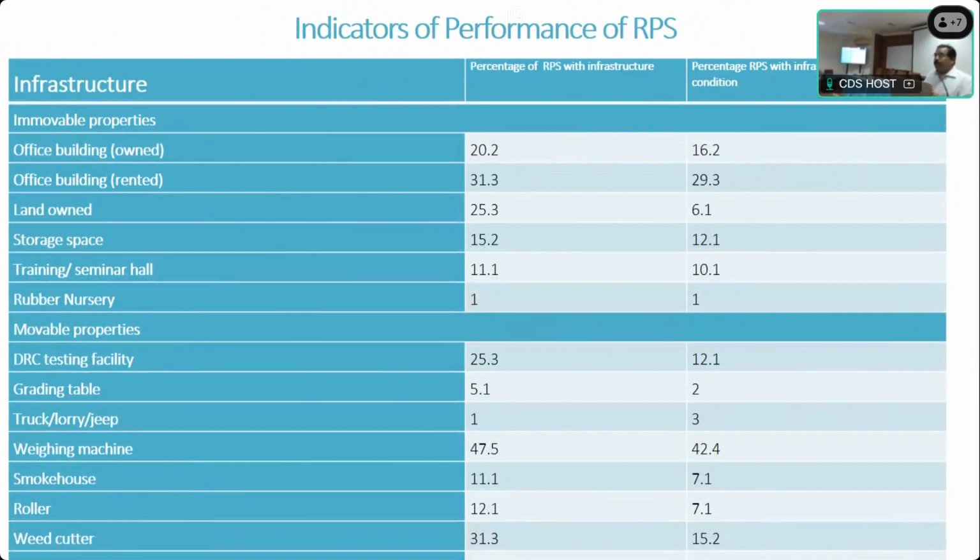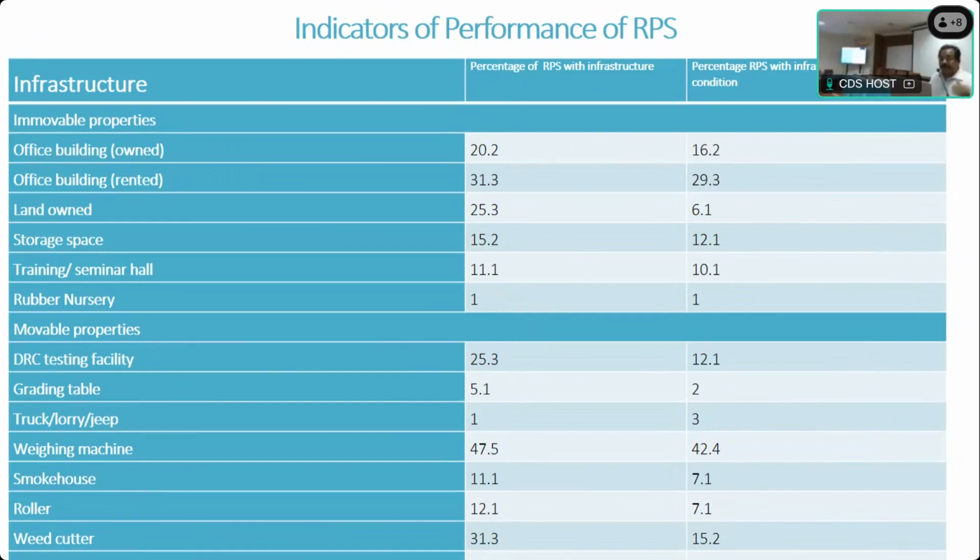Now, many of the activities done by the RPS come through the infrastructure that they have, right? What kind of infrastructure do they have? If you have the infrastructure, you can provide various kinds of services. Here is the percentage of RPS with the infrastructure, and the second column shows the percentage of RPS with that infrastructure in working condition, whether they are working or not.